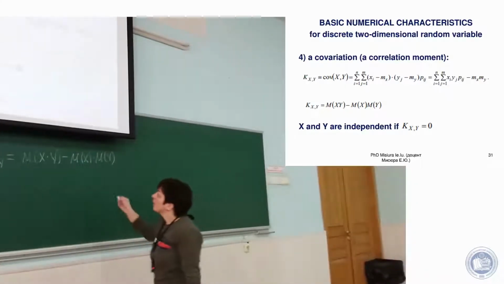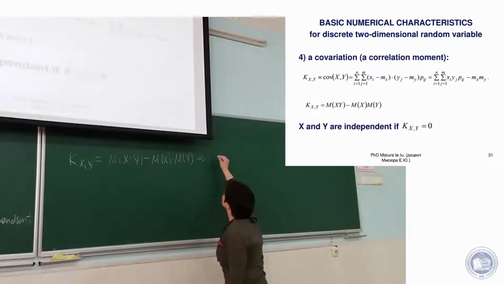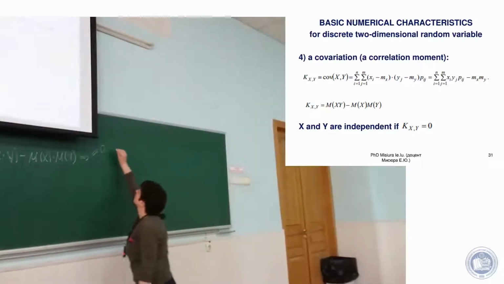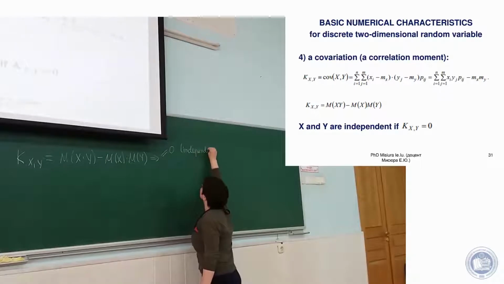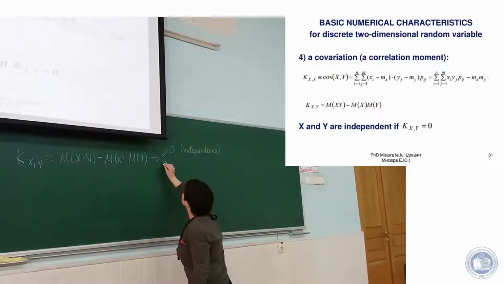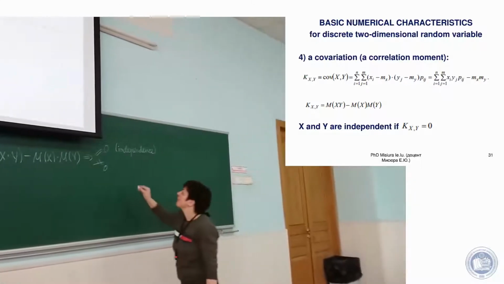Students, you have two variants. This value will be 0 if we have independence, and this number is not equal to 0 if we have dependence.